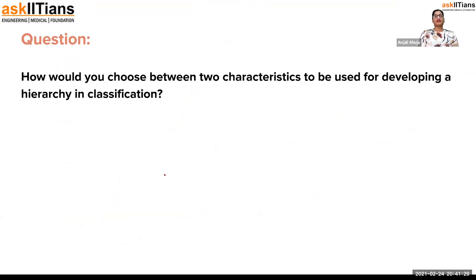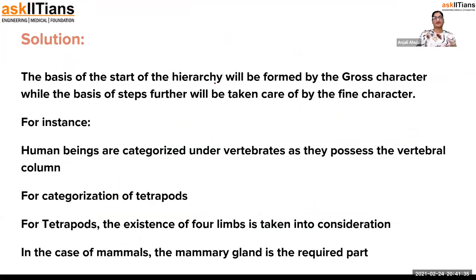How would you choose between two characteristics to be used for developing a hierarchy in classification? You can just talk about the basis of classification. Cephalization is there, how digestion happens, the circulatory system, symmetry is there. So the basis of classification. For instance, they have written the example, but I have told you so many of the points.